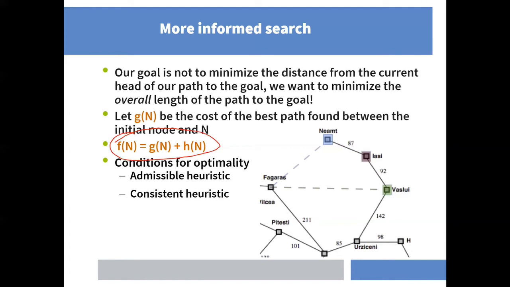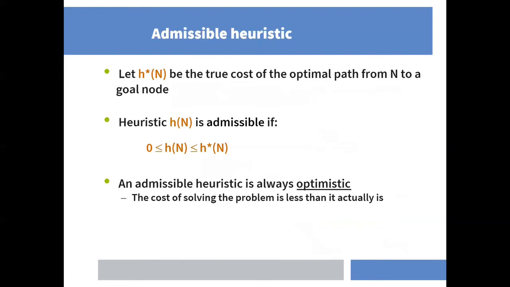Provided that the heuristic function h(n) satisfies certain conditions, such as admissibility and consistency, this search strategy is both complete and optimal. An admissible heuristic is one that never overestimates the cost to reach the goal.